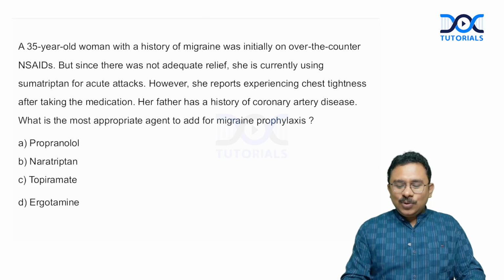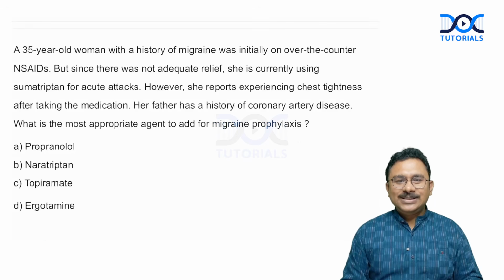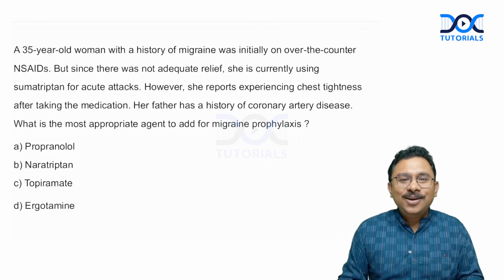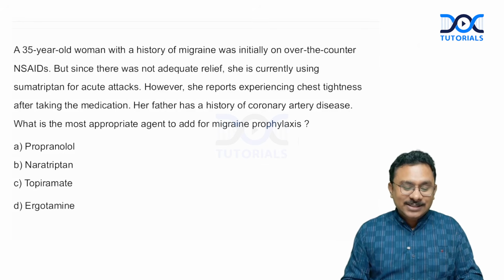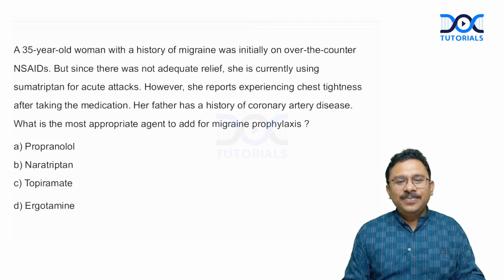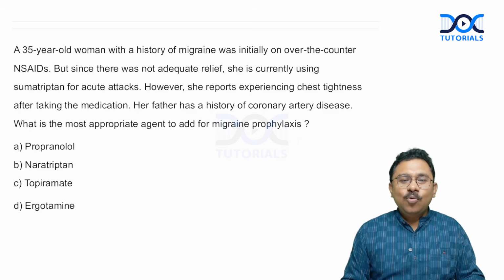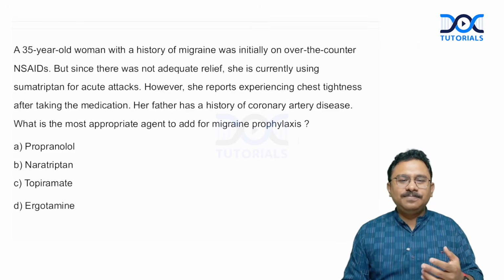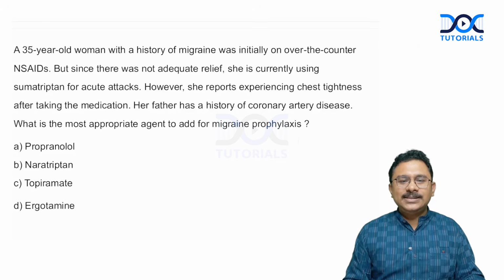Right. So this is a question which is going to tickle the nerves of your central nervous system. A 35-year-old woman presents with a history of migraine, initially on over-the-counter NSAIDs. Okay, so she was keeping on taking NSAIDs, but since there was not adequate relief, she is currently using sumatriptan for acute attacks.